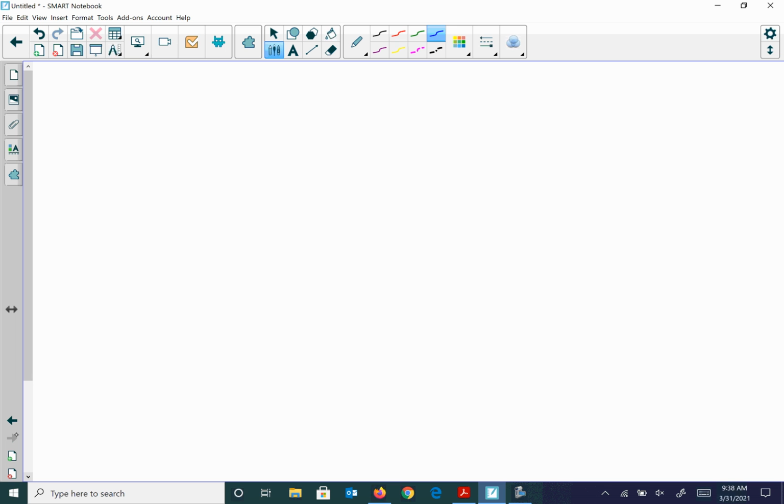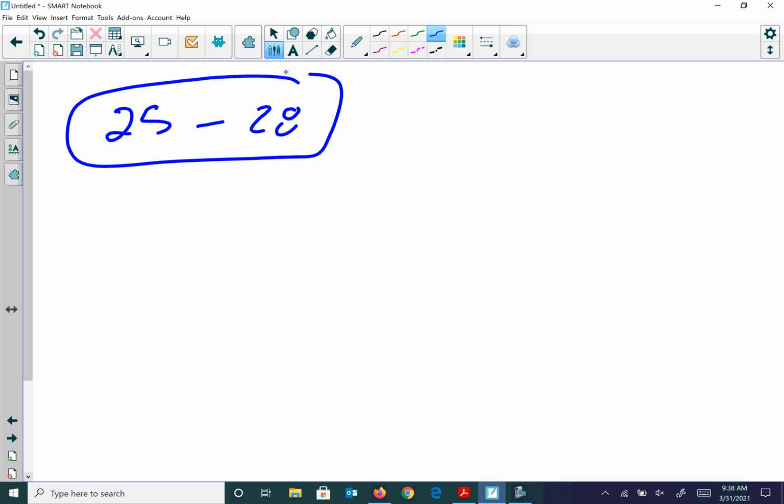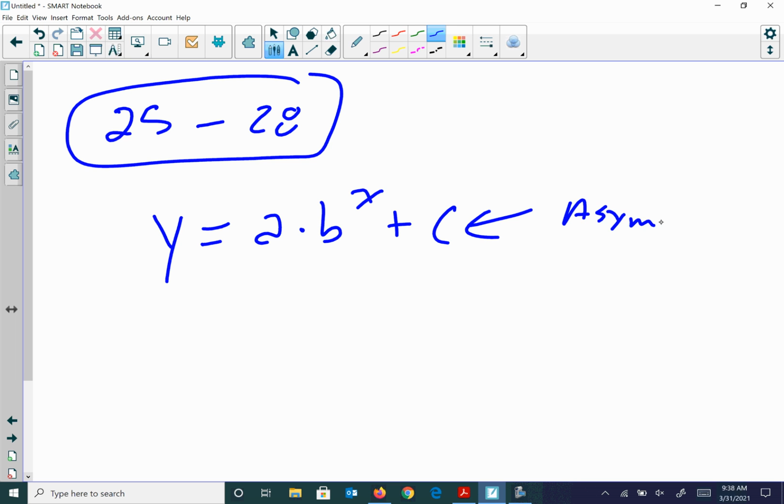20 through 24, you're just plugging that directly into your calculator. 25 through 28, I'm pretty sure you're going to be able to handle those okay. Just realize on 25 through 28, you want to know a times b raised to the x plus c. So c is our asymptote every time.